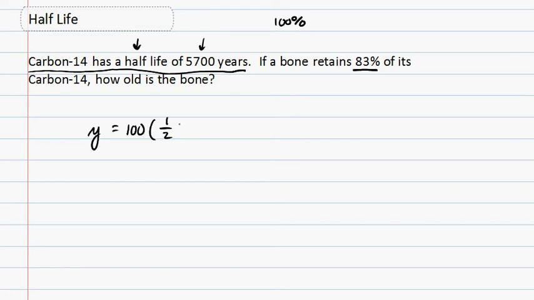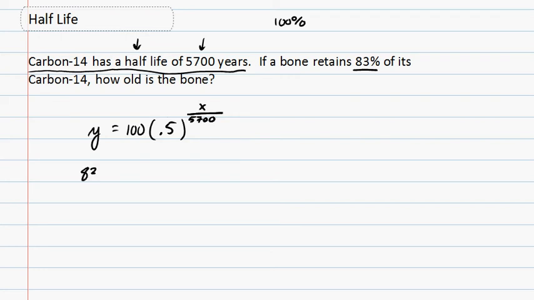You could also write 0.5. Actually, to make life a little easier, why don't we just write 0.5? Then x all over 5,700. This means it starts at 100%. It gets halved every 5,700 years.